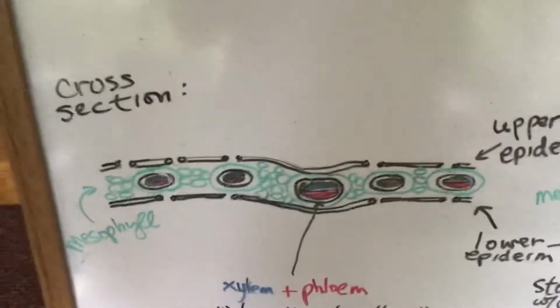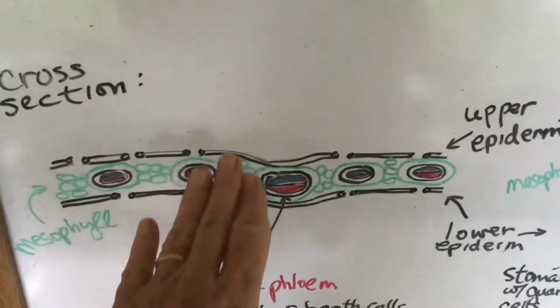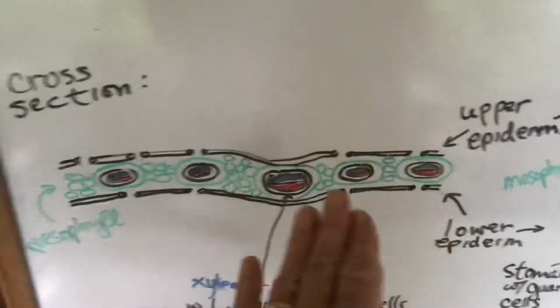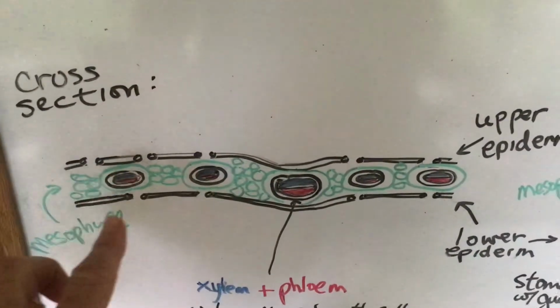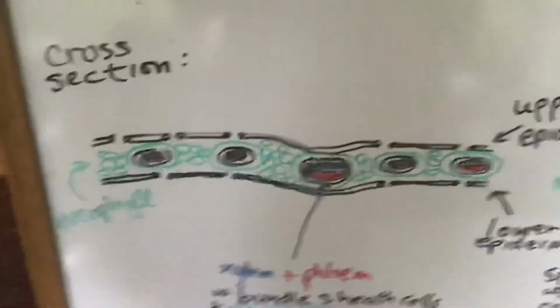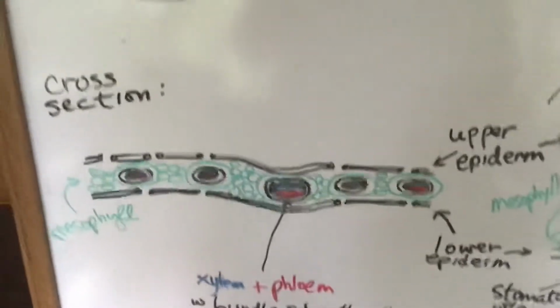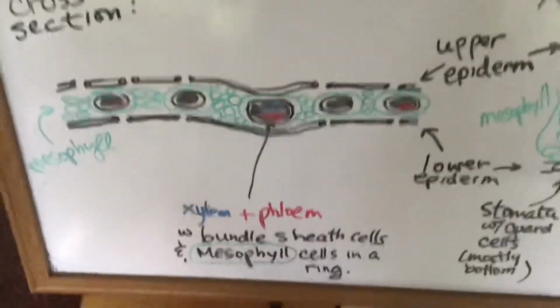And mesophyll just means middle leaf. There are other mesophyll cells in between that are slightly more loosely packed, but the mesophyll cells make a ring around the bundle sheath cells and then the xylem and the phloem. And you're going to see when we talk about photosynthesis that that's a special feature.